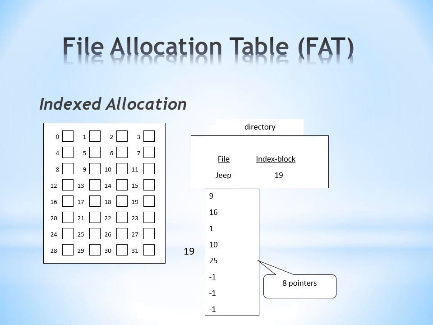For example, the index block here starts at block 19. They point at block 9, and from block 19 also there will be a pointer to block 1.